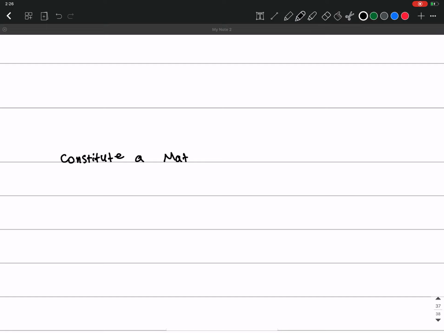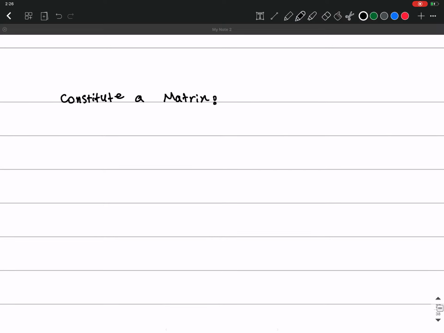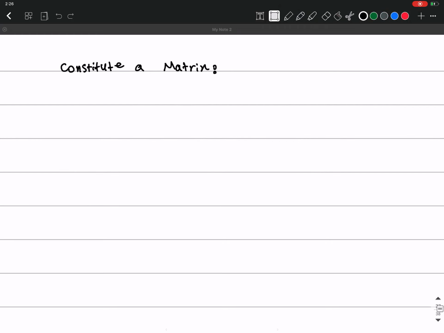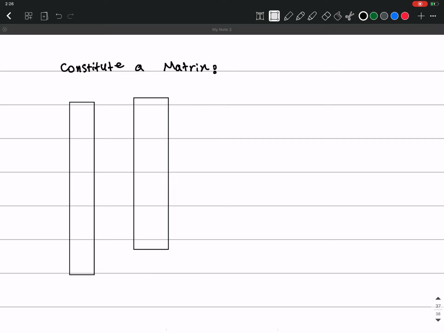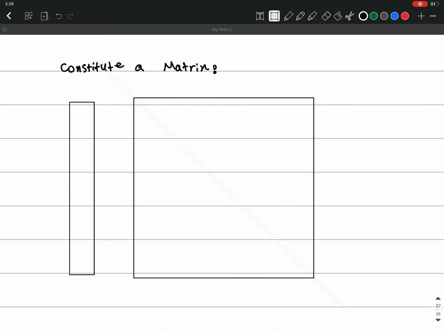Okay, so the next step is to constitute a matrix. The matrix that I'm going to create looks like this. This is the main matrix.